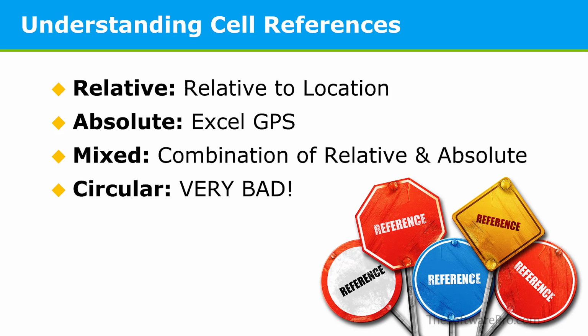It is an exact location within a formula to tell it to absolutely go to that location to find a value to use in the formula. Mixed references are simply a combination of relative and absolute references. And circular references, you don't want them. They're very bad, and they indicate that there is a problem in the formula logic.